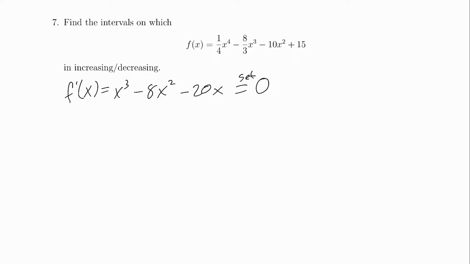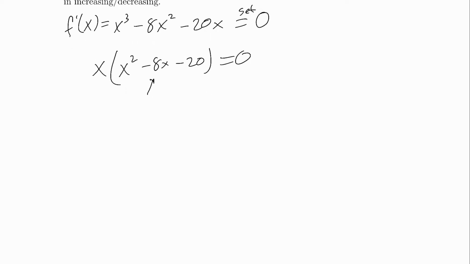What can we do? Well, we can factor out an x because each term here has an x in it. If we factor out an x, we get x times (x squared minus 8x minus 20) equals 0.